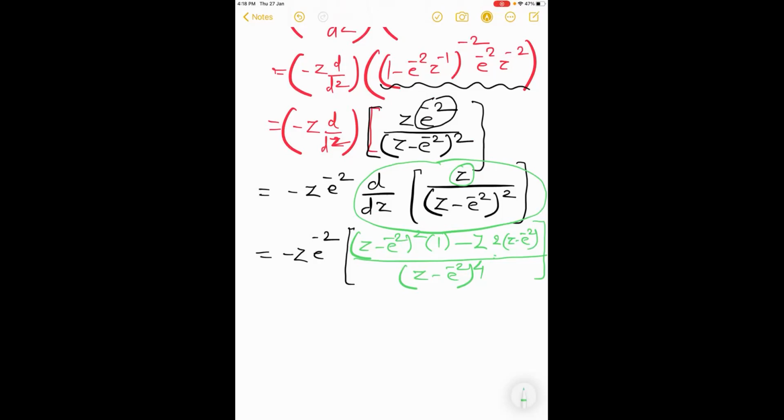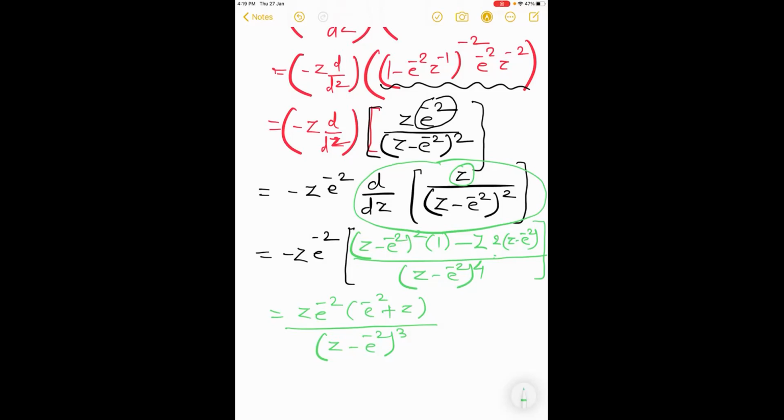Getting this one? That simplification, what is that simplification in turn? I'll give you the answer for that simplification. It is z into e raised to minus 2, multiplied by e raised to minus 2, z upon (z minus e raised to minus 2) raised to power 3, because one of the terms is getting cancelled with the numerator term.